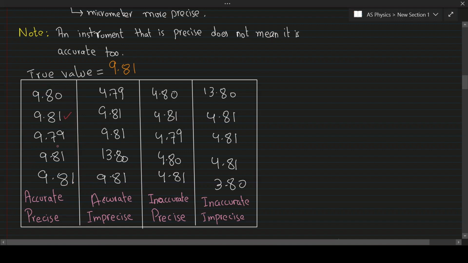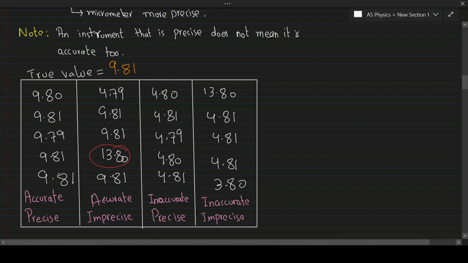So there is a 0.2 difference between the values range. So this means that the row is accurate as well as precise. On the other hand, if you come across the second row, you can see that it has very different values, apart from 9.